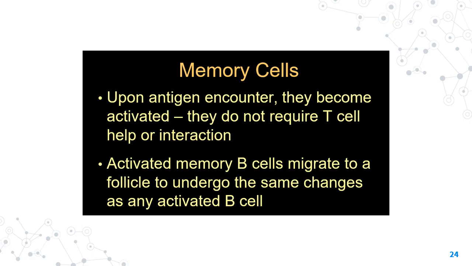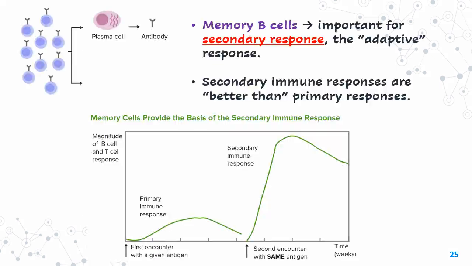So it's still going to try to improve the memory B cell. And this is why it is important to get booster shots of vaccines, to further develop your ability of getting good and better memory B cells. Okay, so here is just showing the use of your secondary immune response because of your memory B cell.